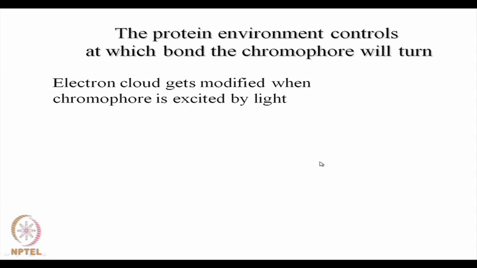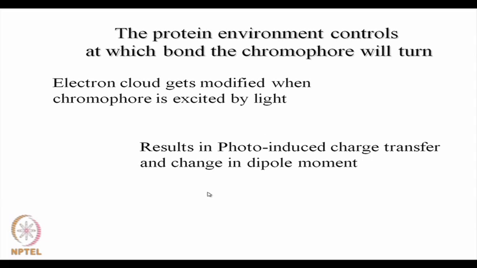So, the electron cloud is getting distorted as the chromophore is excited with light. This results in photo-induced charge transfer. When the electron cloud gets modified, it results in photo-induced charge transfer and a change in dipole moment, as it happens in the case of solvation dynamics.